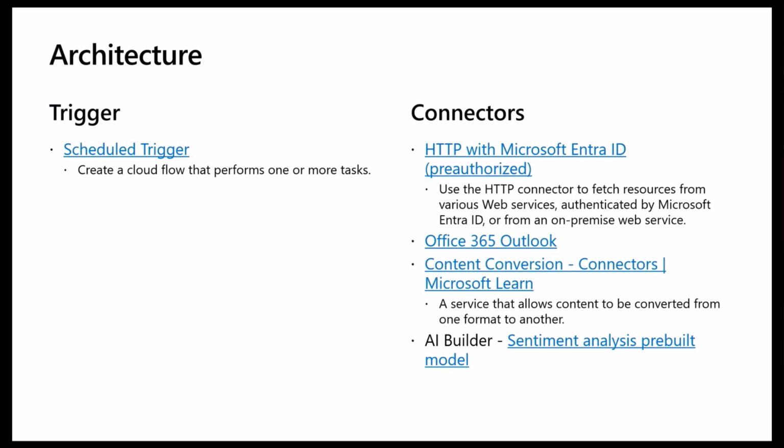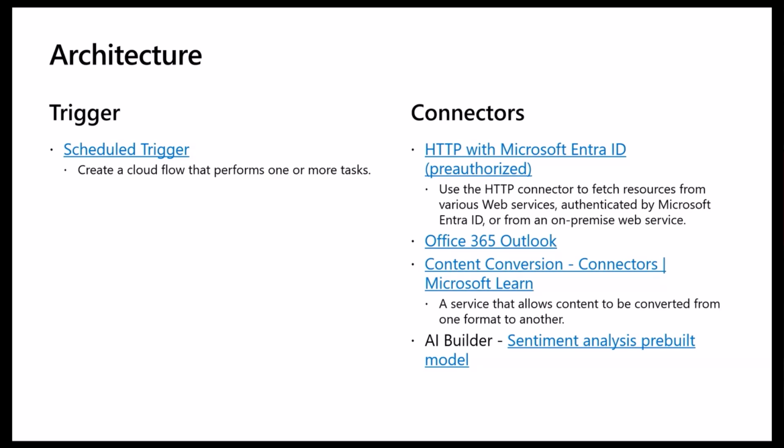We used the HTTP with Microsoft Entra ID for fetching some of the things with messages. I wrote this a few months back. So there were some challenges around using the Outlook connector to get messages. There were some limitations around the number of messages that you could receive.